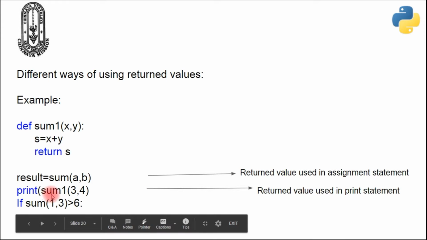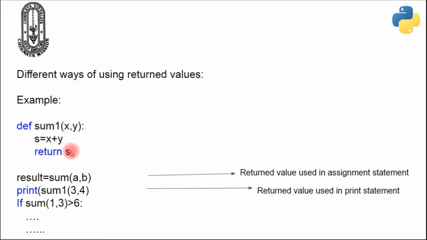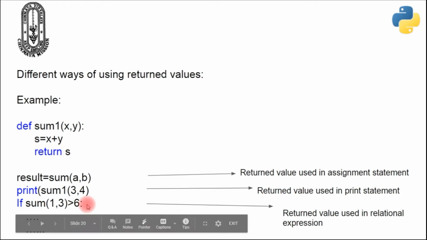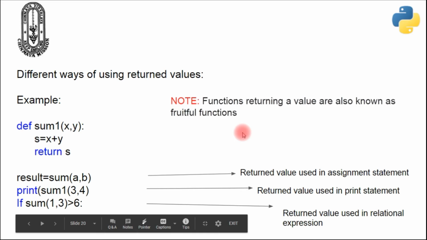And the second one, here the function call was made inside the print statement. So the return value is used in the print statement. The control goes to the function, it executes the statements inside the function, and the data which is stored in the variable s is returned here, and the same thing is printed. And last, here the returned value is used in a relational expression.